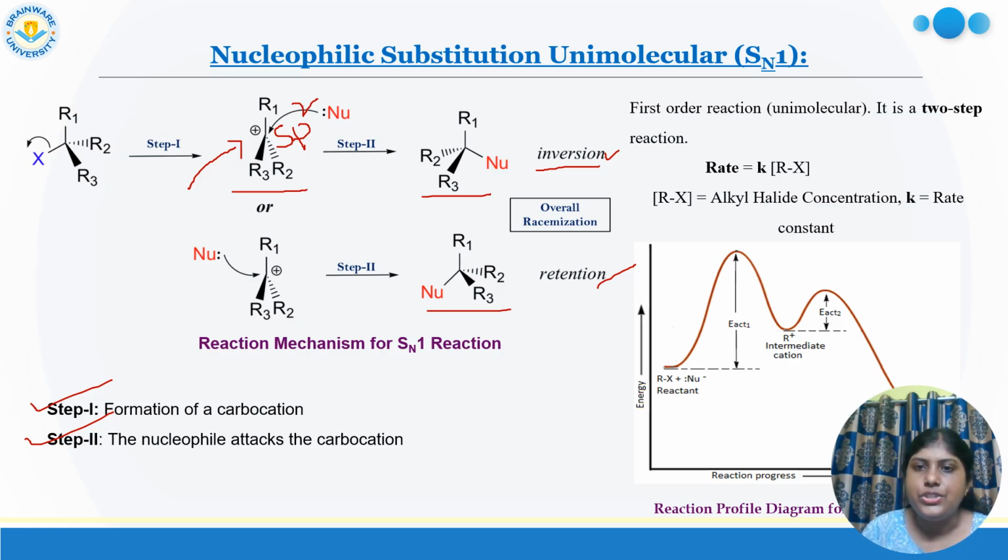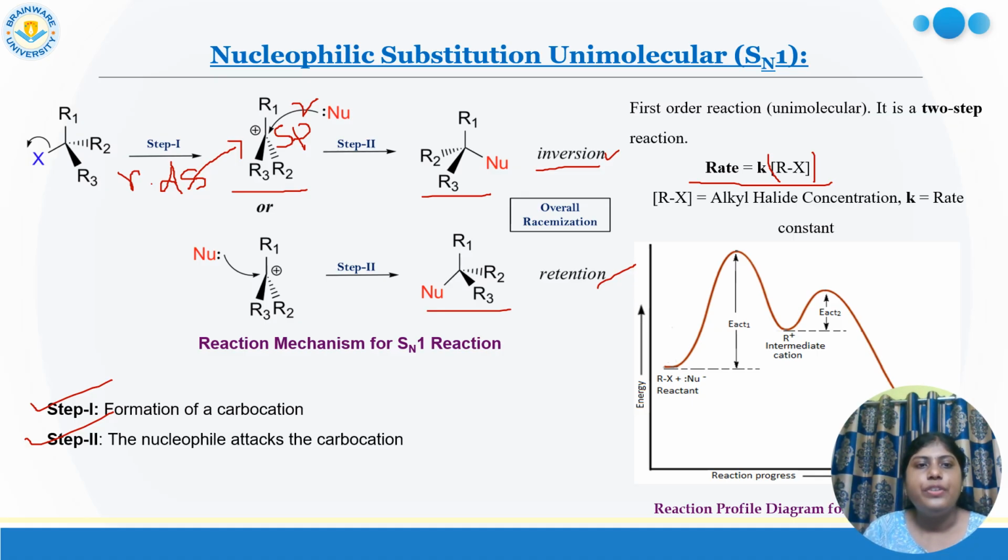In the rate equation of this reaction, rate is equal to rate constant times the concentration of alkyl halide. So this is a two-step reaction. The first step is the slowest step, and the first step is known as RDS, the rate determining step.